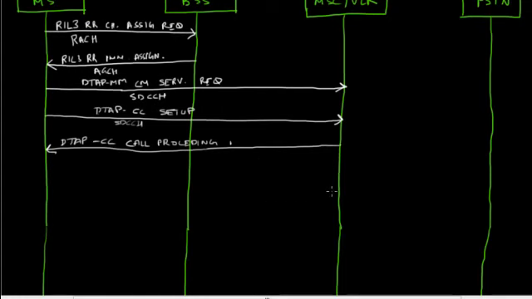So basically the MSC sends a BSS map assignment request to the BSS.